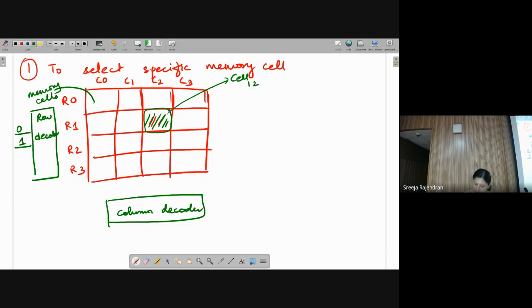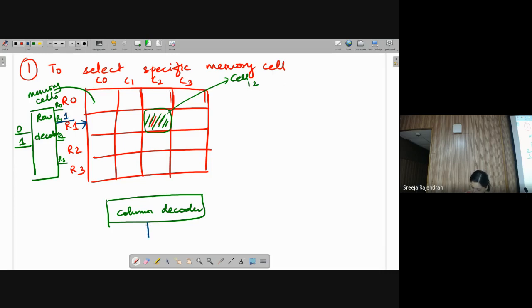If it is 1, this corresponds to R0, R1, R2, R3. Now, if it is 0 1, which line goes active? R1 goes active. So this becomes high. So this row is chosen. Now, similarly, for my column decoder, I want the second column.